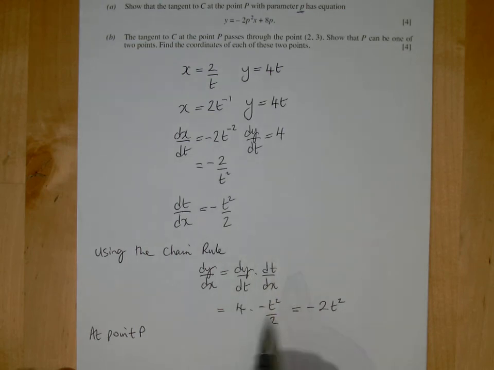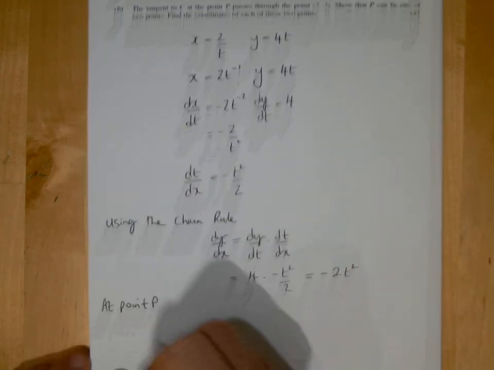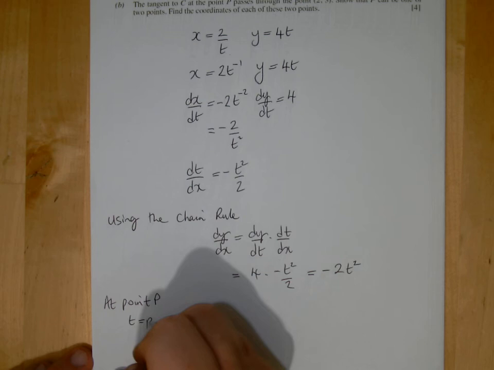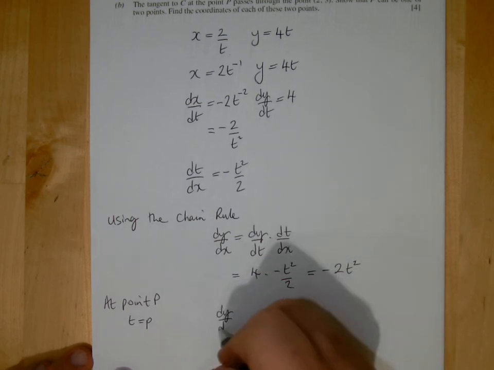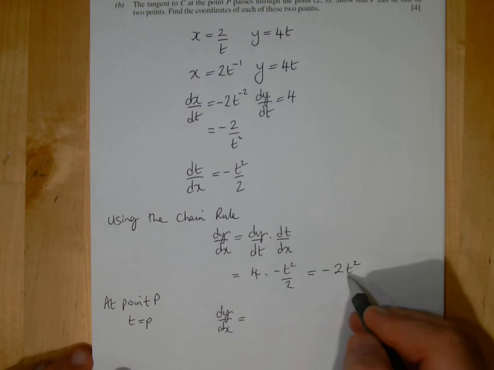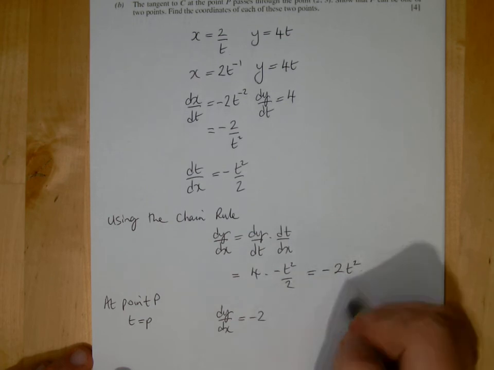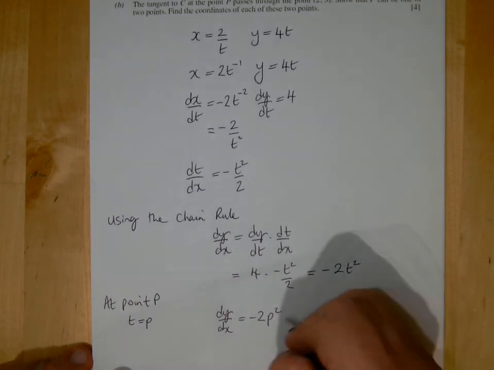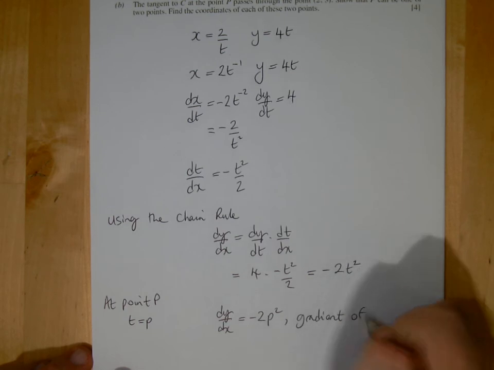The t is the parameter, but they're saying at the point P, the parameter is little p. So in other words, at the point P, the parameter t is equal to little p. So that enables us then to work out what dy by dx is. So dy by dx will equal, well, you put little p in there, yeah? So we've got minus 2, so t becomes little p squared. Okay, so that is the gradient of the tangent.